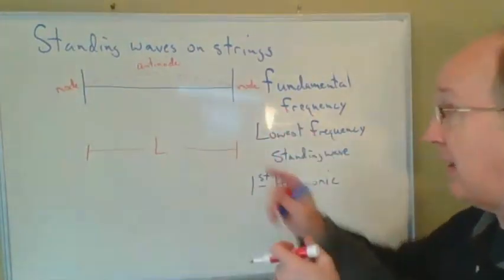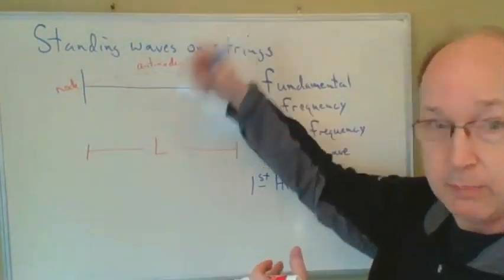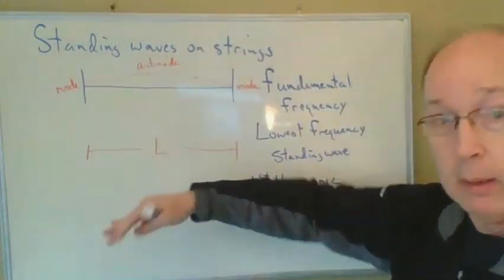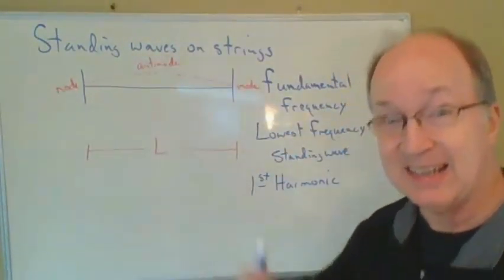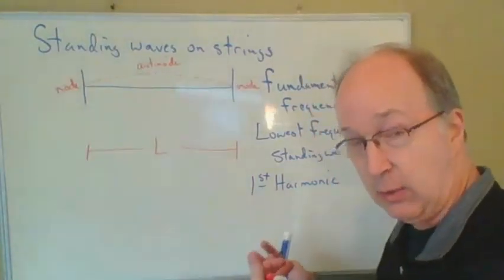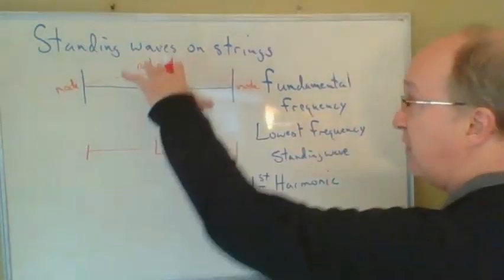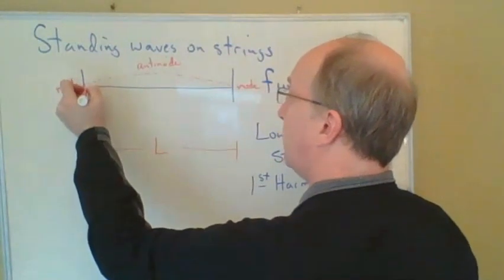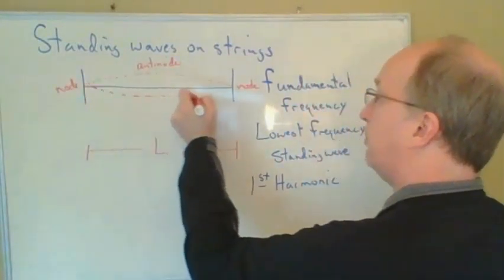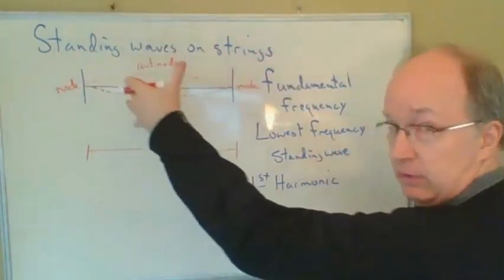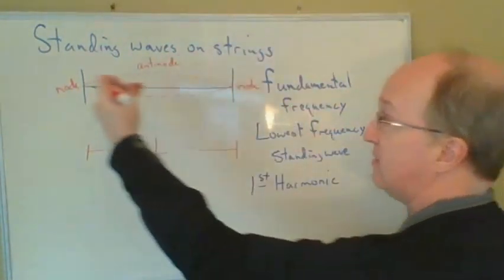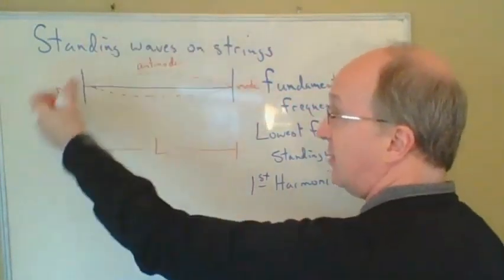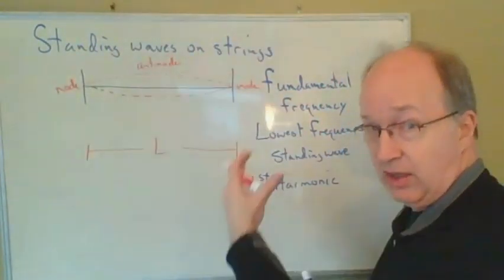Now, as you might imagine, it doesn't just vibrate up, right? When you pluck a string, it goes up and down. But it goes up and down in a way that makes it look like it's standing still. That's why it's called a standing wave. The middle is going to go up and down, but it's not going to appear to move back and forth because of the interference pattern, because of the way the waves are reflecting off either end and interfering with each other.